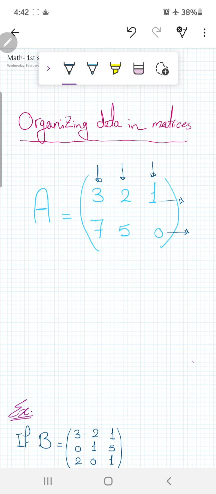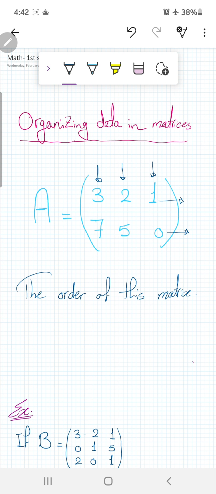We want to know also the order of this matrix. What's the meaning of the order of any matrix? To get the order of any matrix, determine how many rows multiplied by how many columns.